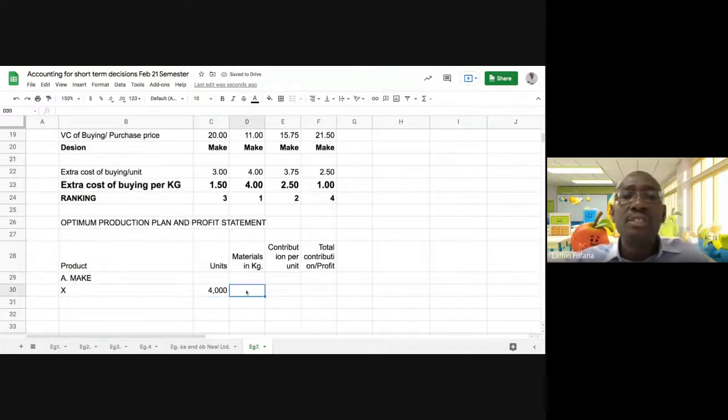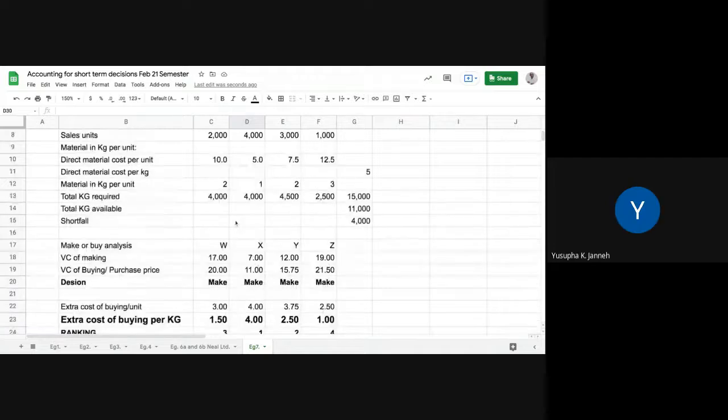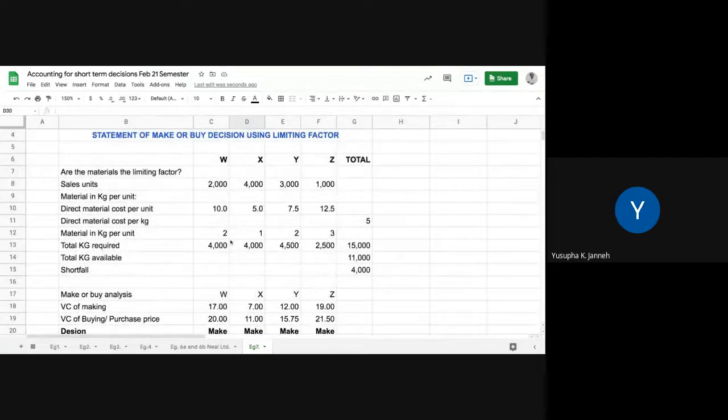Okay, so this is going to be how many kilos? How many kilos per unit do you need for X? That one also, I think we already calculated. Yes, the total kilogram required is 1.